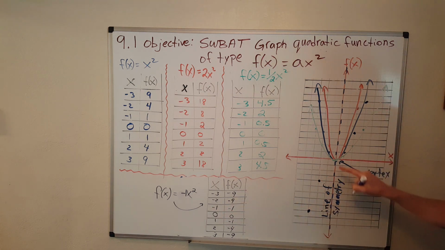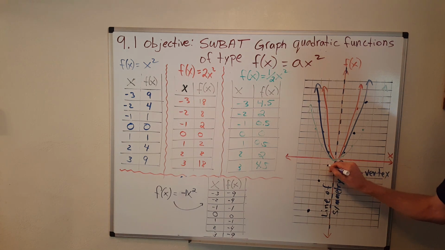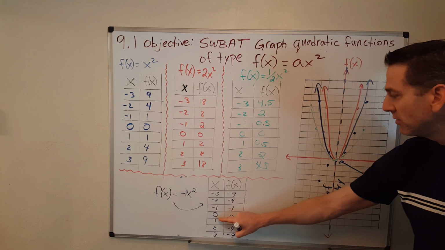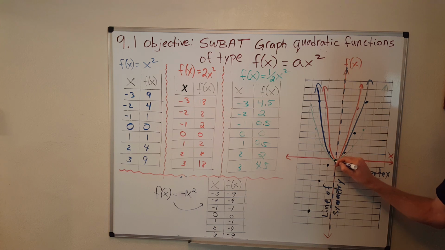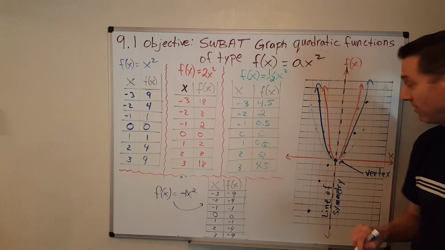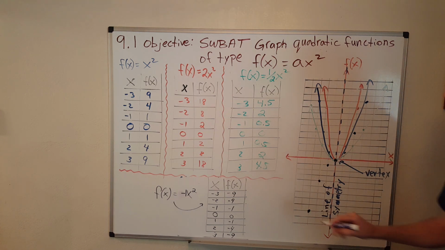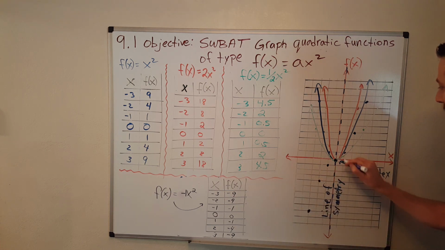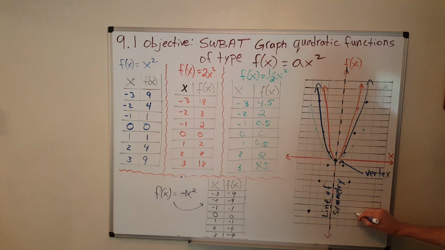At x equals -1, f of x equals -1. At x equals 0, f of x equals 0. Well, they all have a common point there, don't they? At x equals 1, f of x equals -1. At x equals 2, f of x equals -4. And at x equals 3, f of x equals -9.